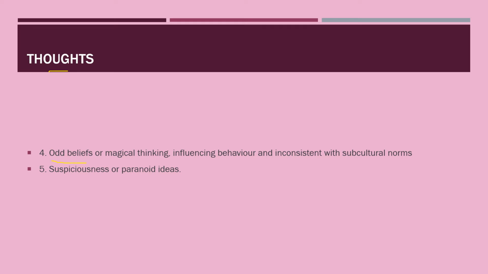Now even their thoughts, they are odd. They are different. They do not fit into the society or their family or their culture or their norms. They have some type of magical thinking, that they can talk to the moon, they can control the weather, they can influence all the other people in one single act or something.